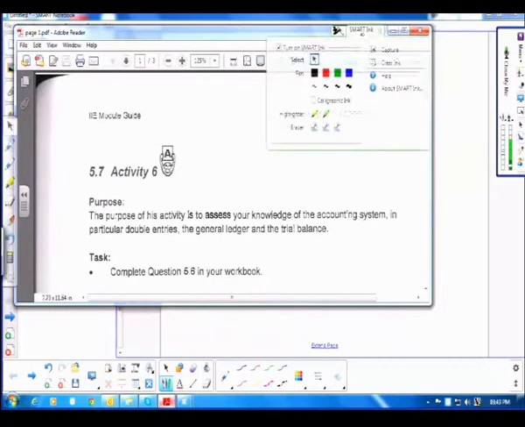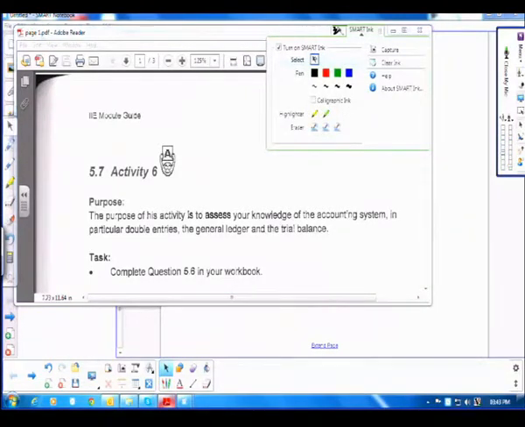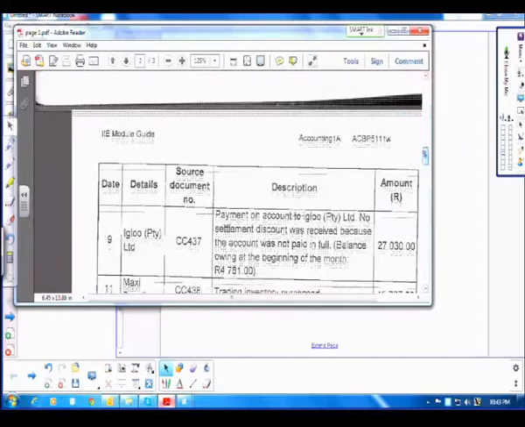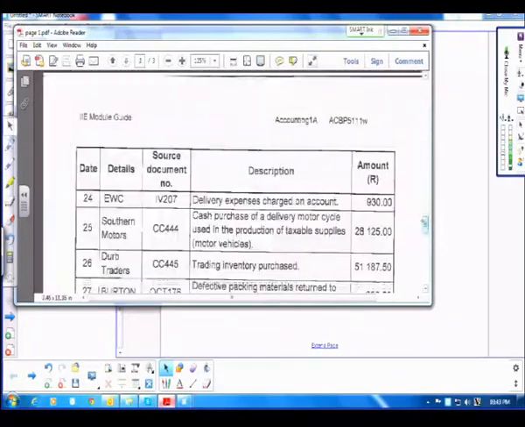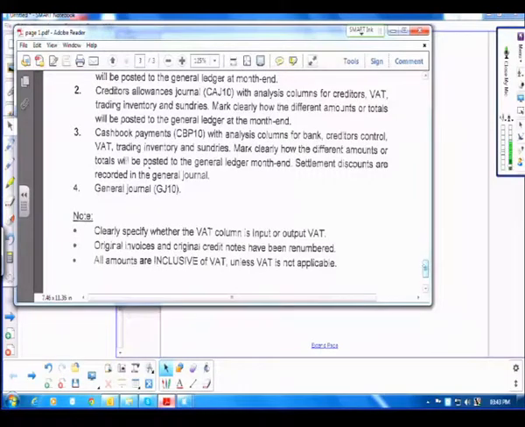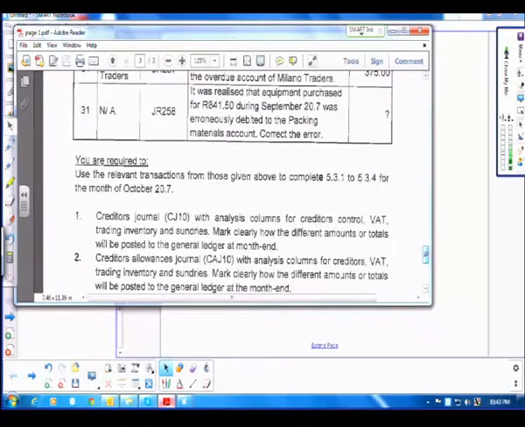Let's look at the question so that we can deal with it nicely without problems. You see the question wants the creditors journal.